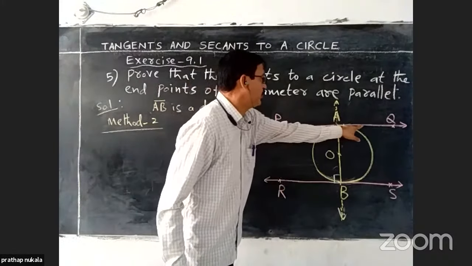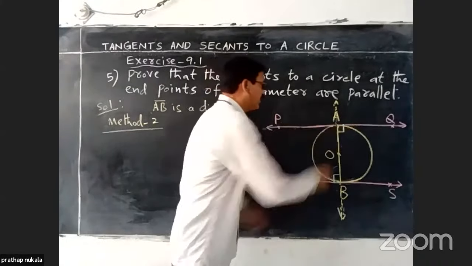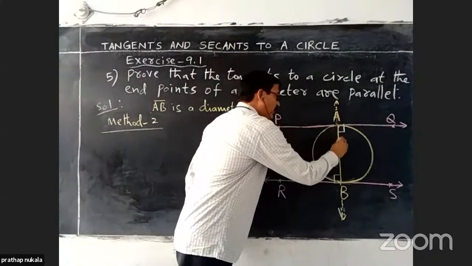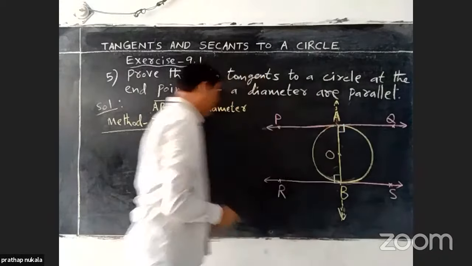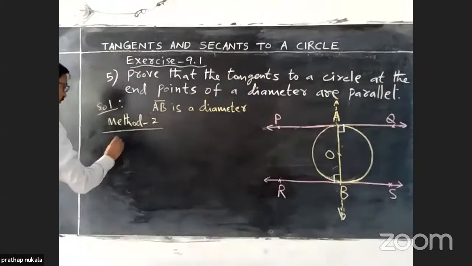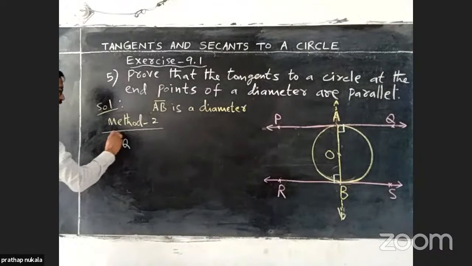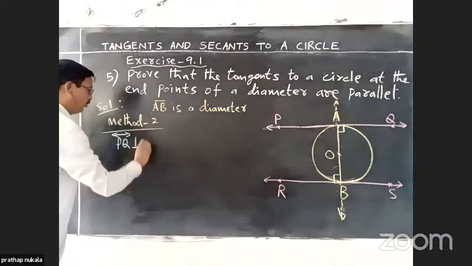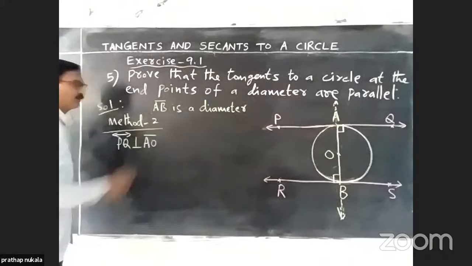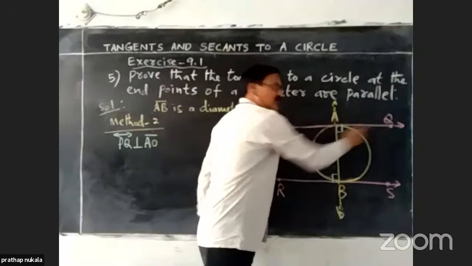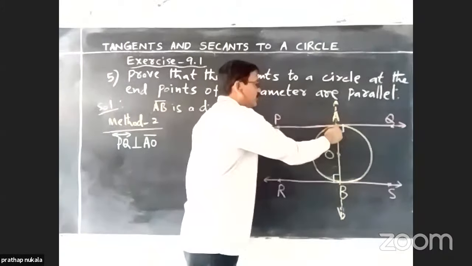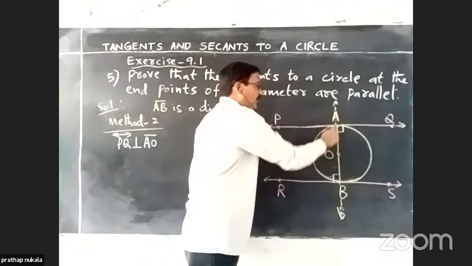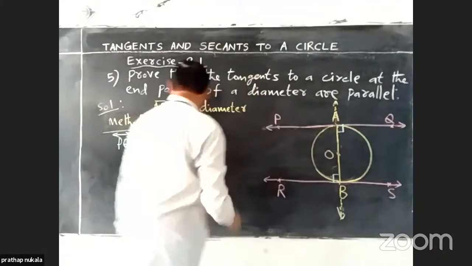Here PQ, the tangent, is perpendicular to the radius through the point of contact, as we already know. So we write: the line PQ is perpendicular to radius AO, the radius through the point of contact.